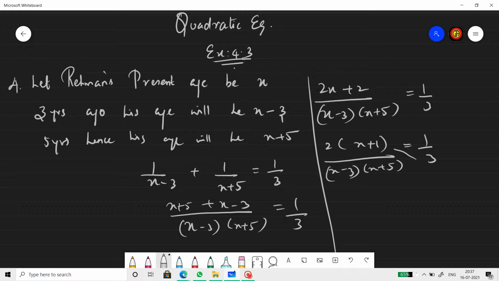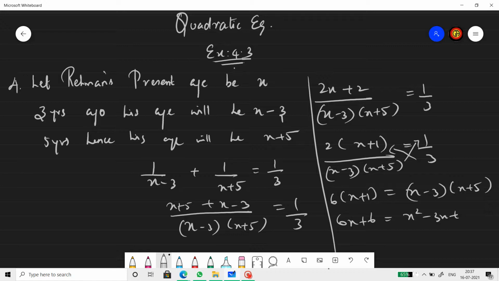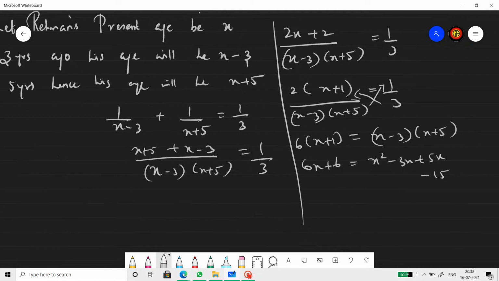If you cross multiply, we get 6 times x plus 1 equals x minus 3 into x plus 5. 6x plus 6 is equal to x square minus 3x plus 5x minus 15. 6x plus 6 is equal to x square plus 2x minus 15.